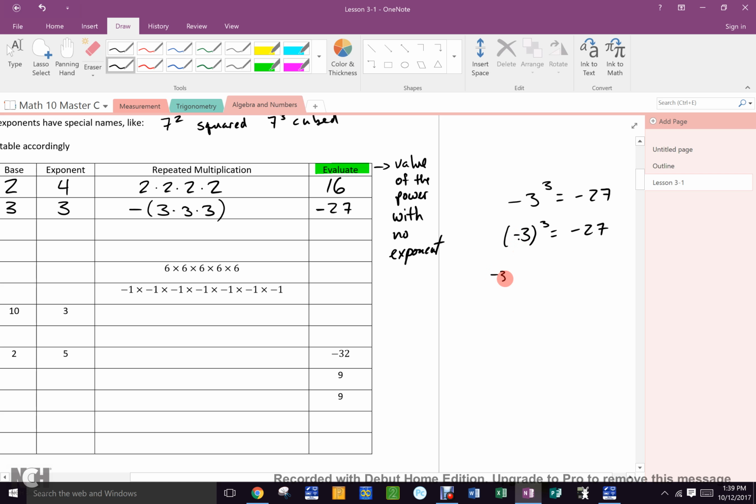So this bottom one is negative 3, negative 3, negative 3. 2 negatives make, say, times another negative. That's why you stay at negative 27. Okay? Please notice they are 2 different things. One of them is 3 times 3 times 3 times negative 1. And the other one is negative 3 times negative 3 times negative 3. That is a big problem with my grade 10 students who do not pay attention.